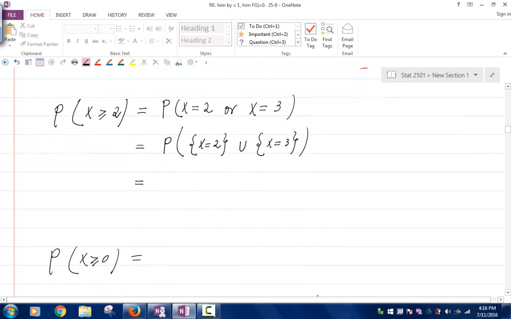The probability of the event that X is 2, more loosely we just write P of X equals 2 without the curly brackets.